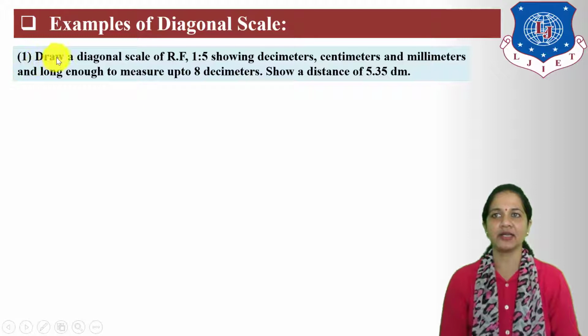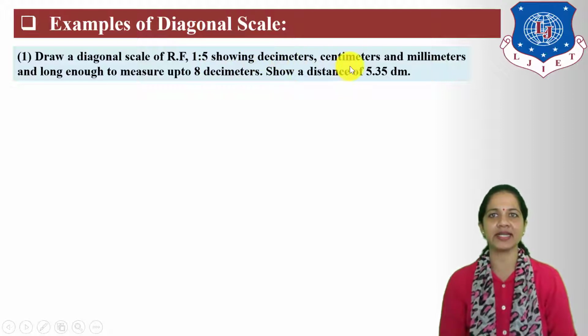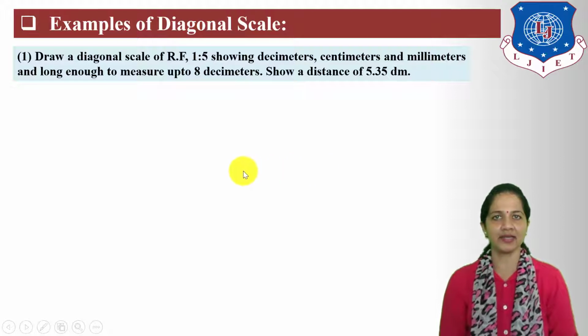First example: draw a diagonal scale of RF 1:5 showing decimeter, centimeter and millimeter and long enough to measure up to 8 decimeter. Show a distance of 5.35 decimeter. Here, first we need to find length of diagonal scale in centimeter.